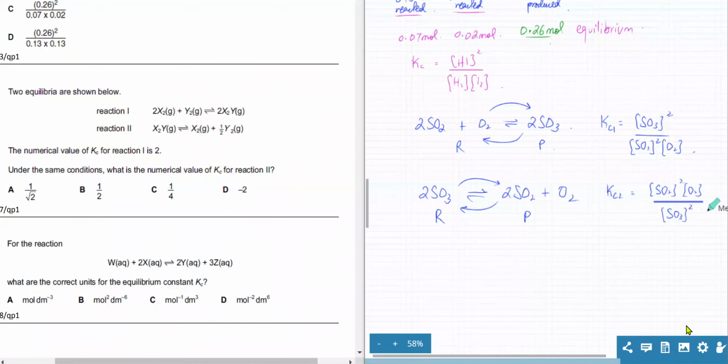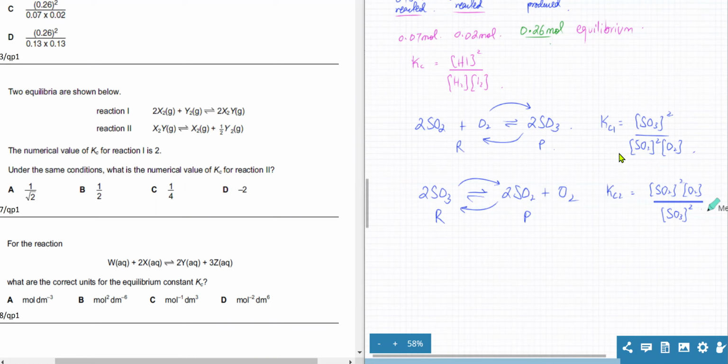Okay, so the point is that both expressions would come out to be different. They would be using exactly the same values because they're simply the same reaction, just written the other way around. So their concentrations would be exactly the same. You're just using different ways of representing the reaction. But that would affect the Kc value.